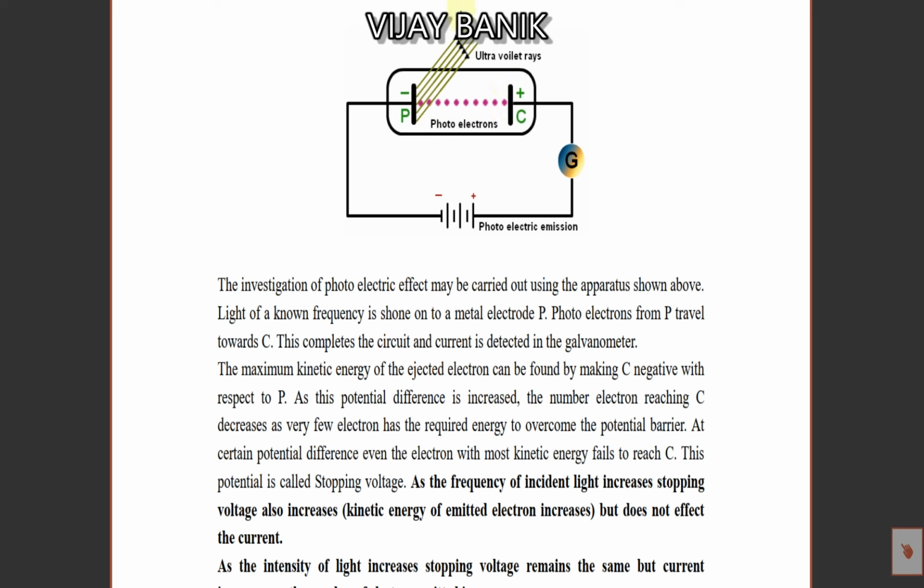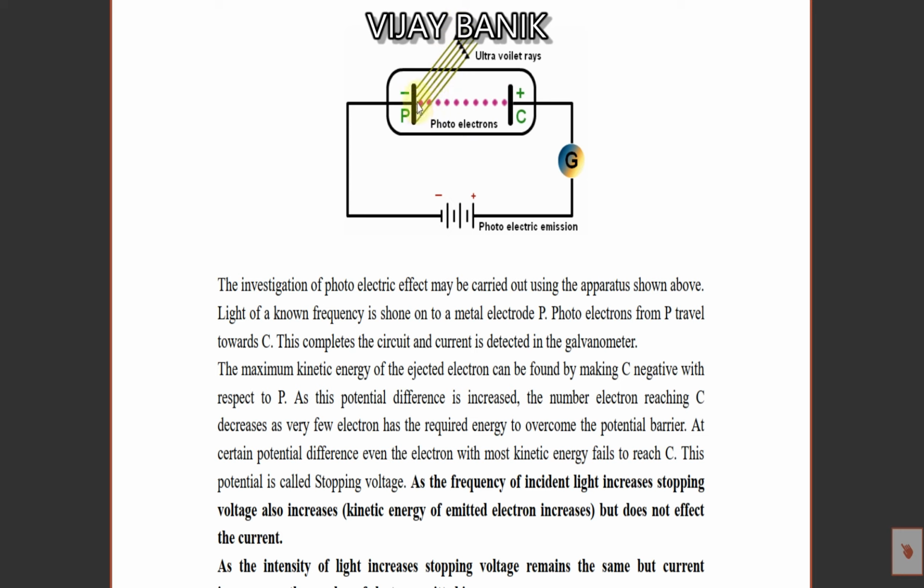And when we shine light onto plate P, which is negative, electrons get ejected, because I already told you in the first video, when the light is more than threshold frequency, and when the photons have energy equivalent to or more than the work function, electrons do get emitted.